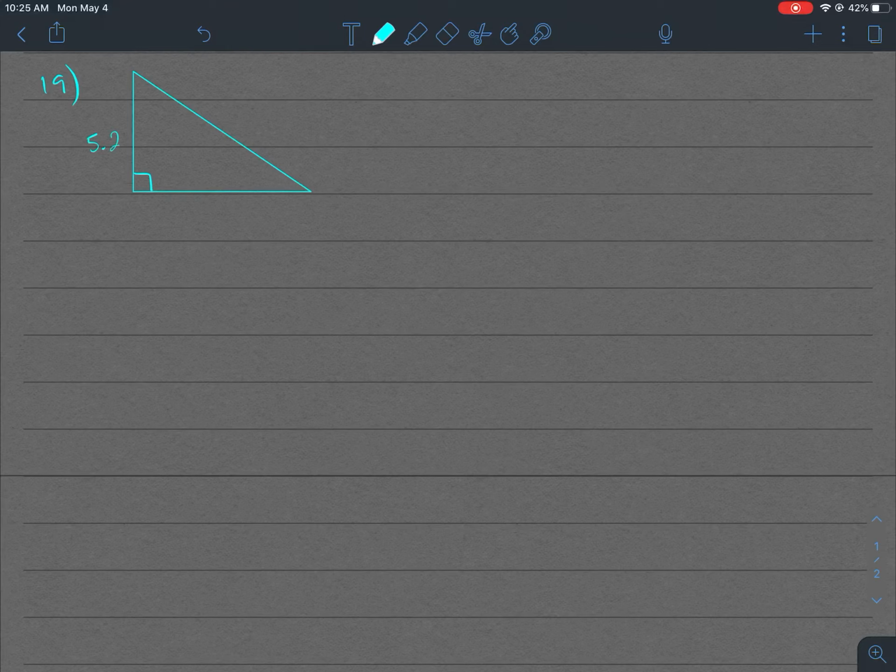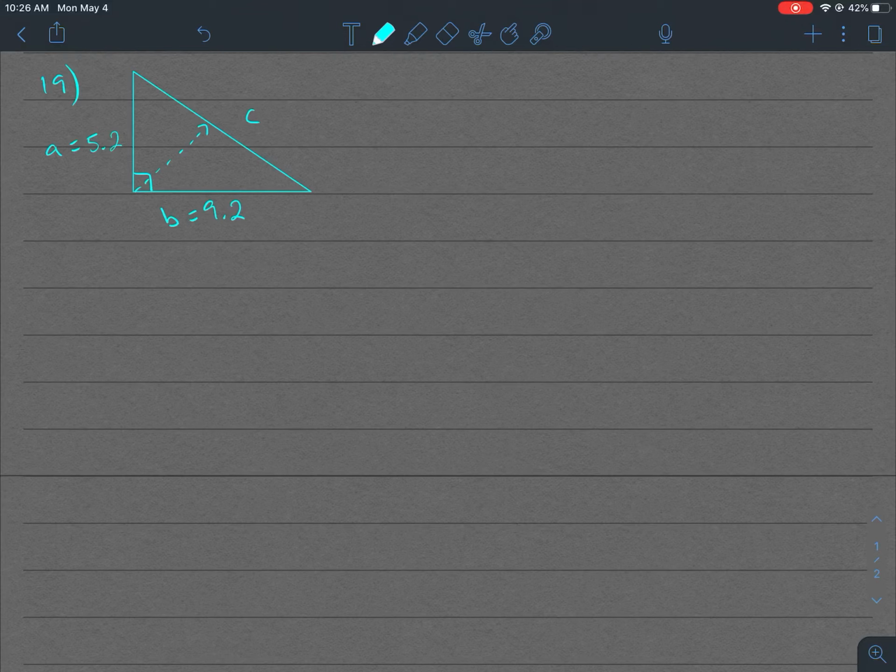And it gives us the length of 5.2 and 9.2. Okay. Remember, what letter is opposite the 90-degree angle? It's always letter C, the hypotenuse. Okay. So that tells me that what two letters did it give me in my formula? It gave me A and B. I need to find C.